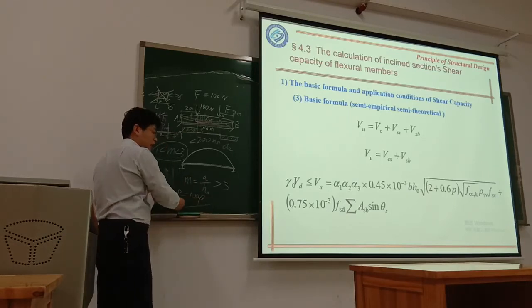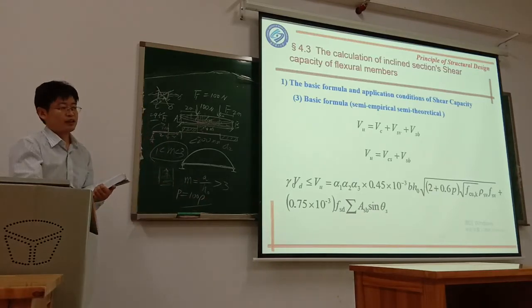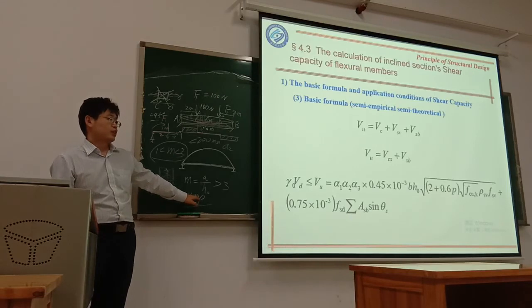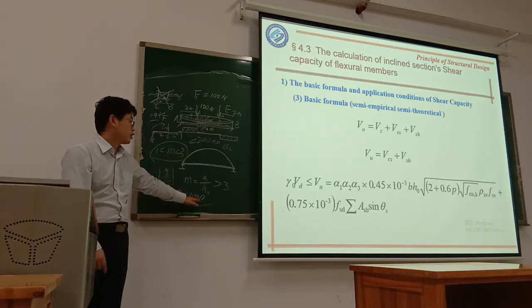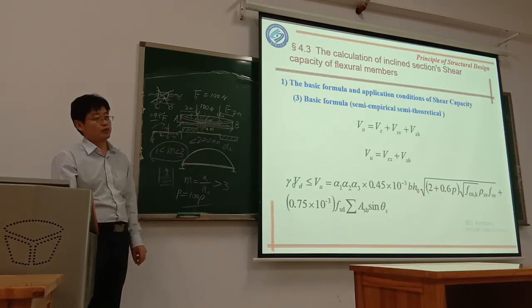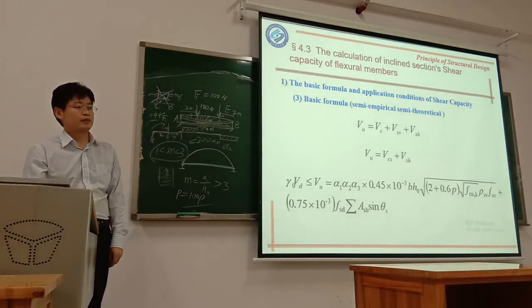That means amplified 100 times. So in this equation, 2 plus 0.6 P, P is the reinforcement ratio, but it is 100 times the real reinforcement ratio. So if the real reinforcement ratio is 0.02, now here it is 2, because of the 100 times in this equation.